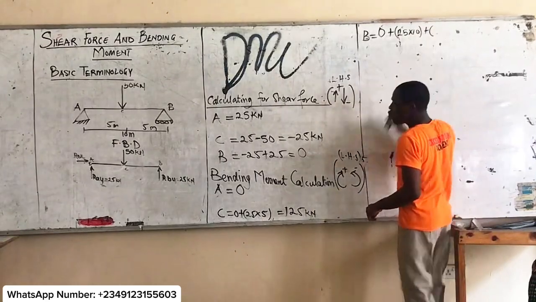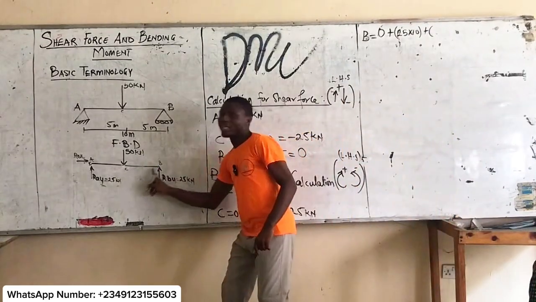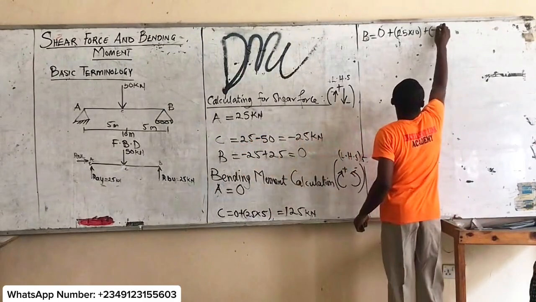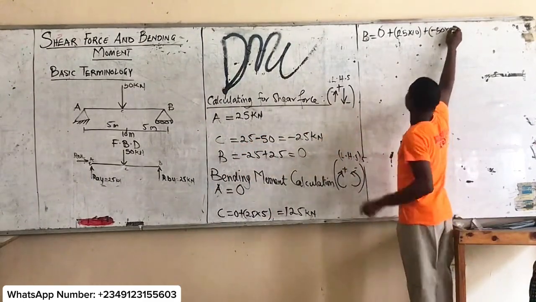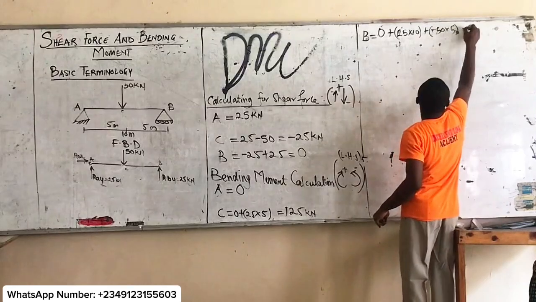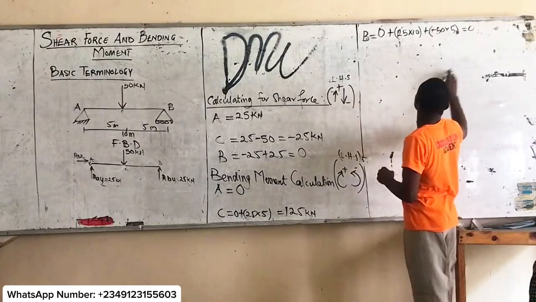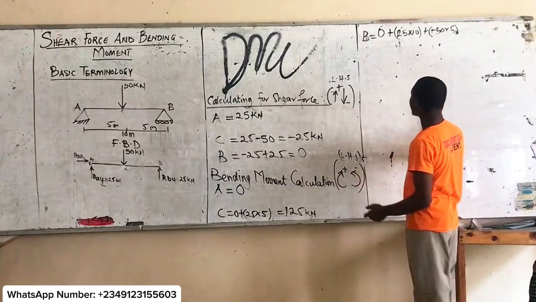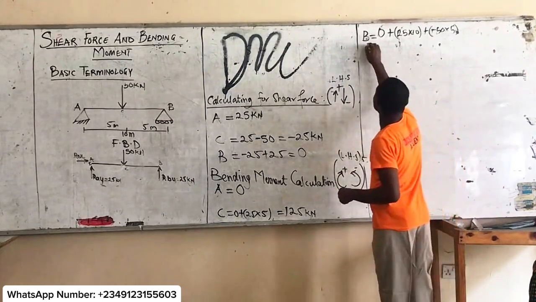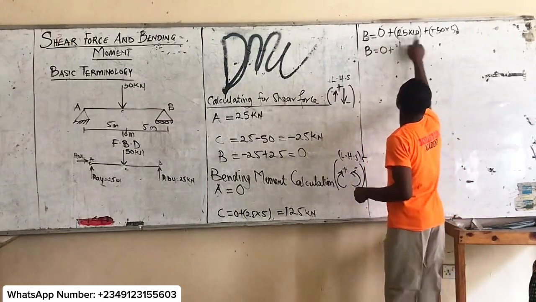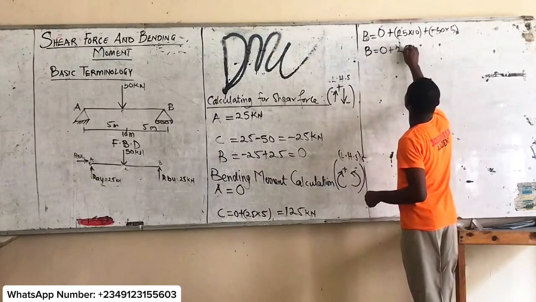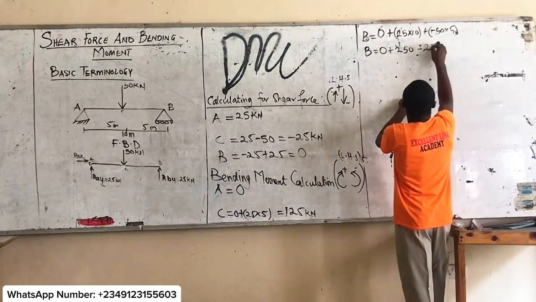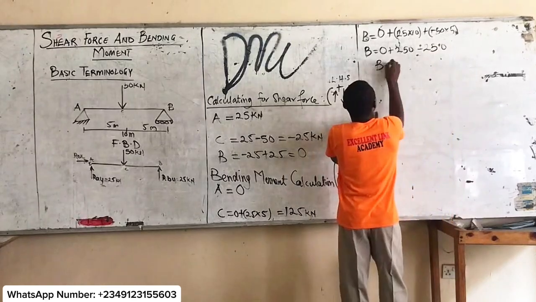Plus this one here, moving in the negative direction. That becomes minus 50 times 5, equal to what? Equal to 0. True or false? So at B, 0 plus 250 minus 250, the value is 0.